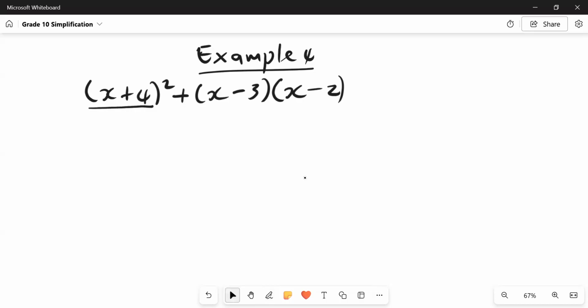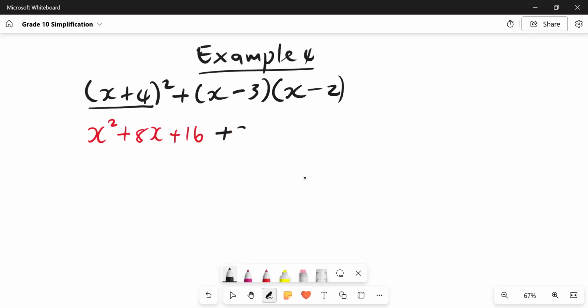Let me use a different color here. The first step, you'll have your x squared plus 8x plus 16. At this stage, I believe that you guys understand what I've just done here, right? And then from here, you multiply x and x, we get x squared. We multiply again, we get minus 2x minus 3x plus 6.